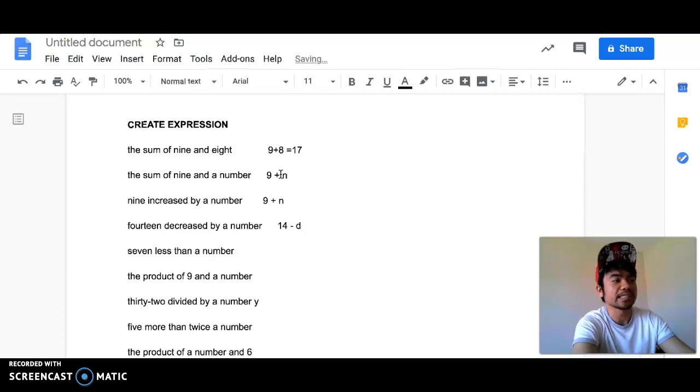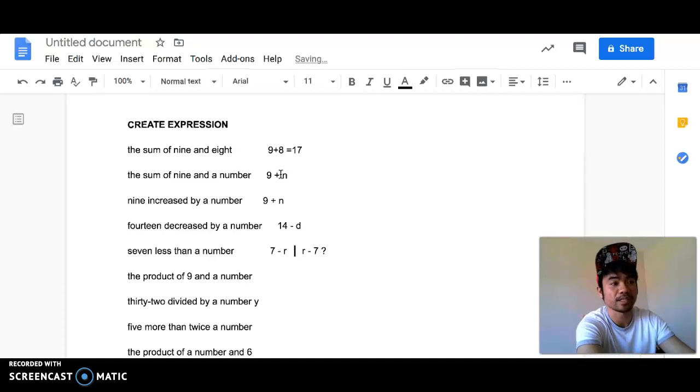Okay. This one, 7 less than a number. Now, you have to ask yourself, is it going to be 7 minus r, or is it r minus 7? Okay, it's a very tricky one. I hope all of you said r minus 7, because that is correct.